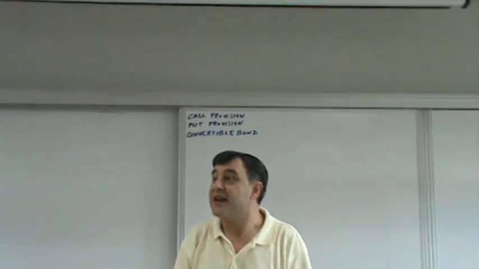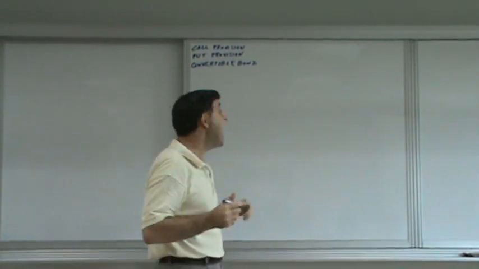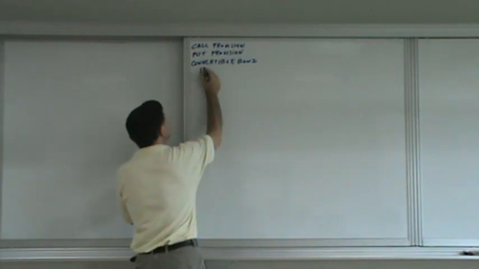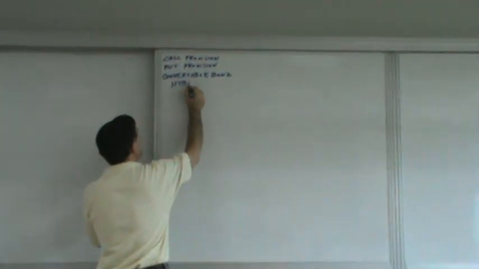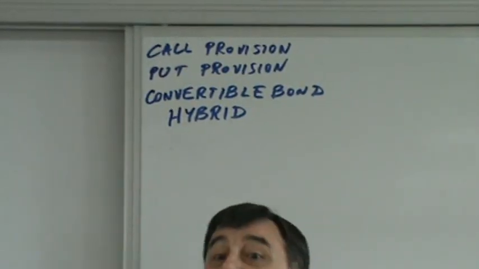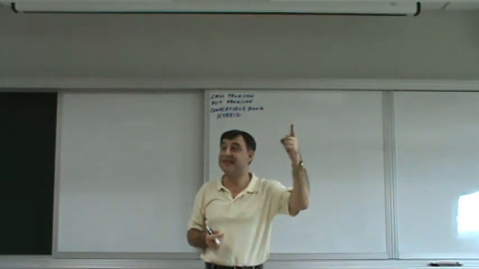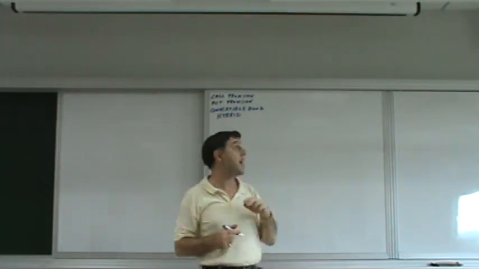Convertible bond is called a hybrid instrument. Hybrid means that it has the characteristics of both debt and equity.